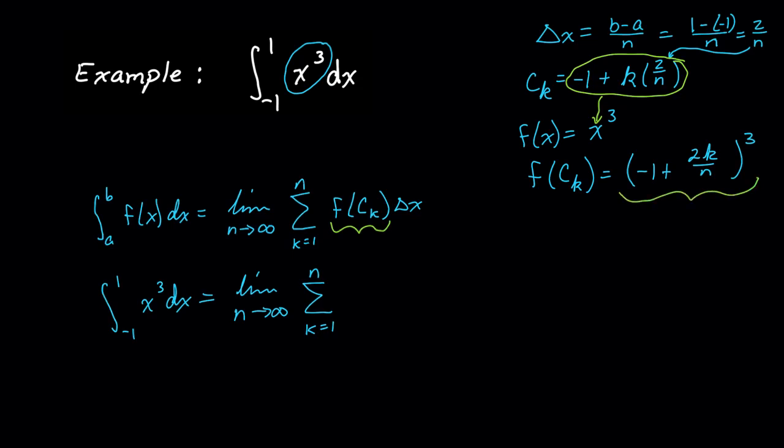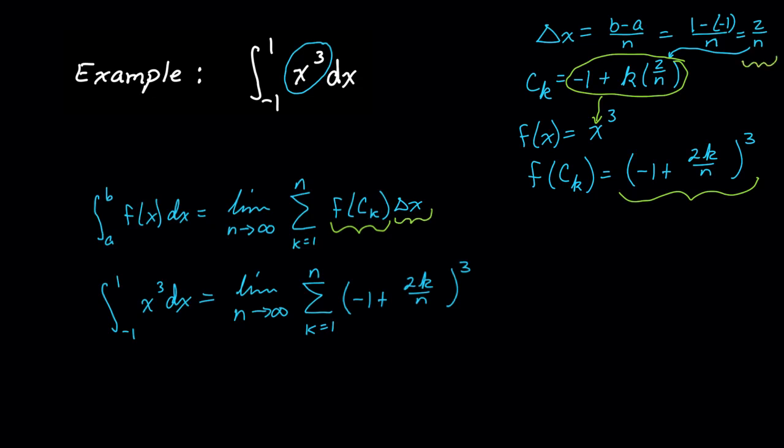Now, this part right here is this right here. So we're going to bring this right over here. And then this part right here is our delta x that we have right here.